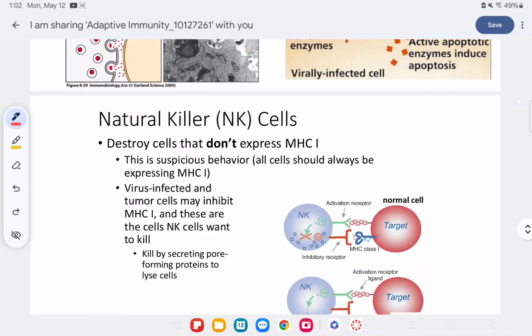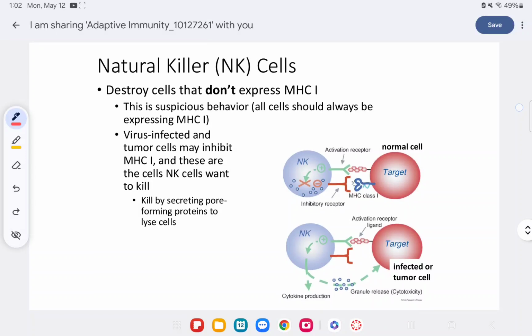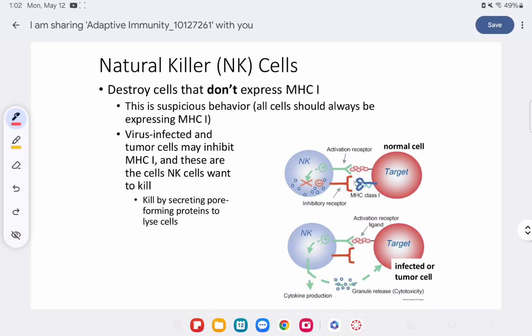So here we are at natural killer cells, which actually belong in the innate. But because it involves the MHC type 1, I left it to now. They're very similar to B and T cells, but they are part of innate. Natural killer cells will just kill any nucleated cell, it has to be nucleated, that does not display MHC type 1.